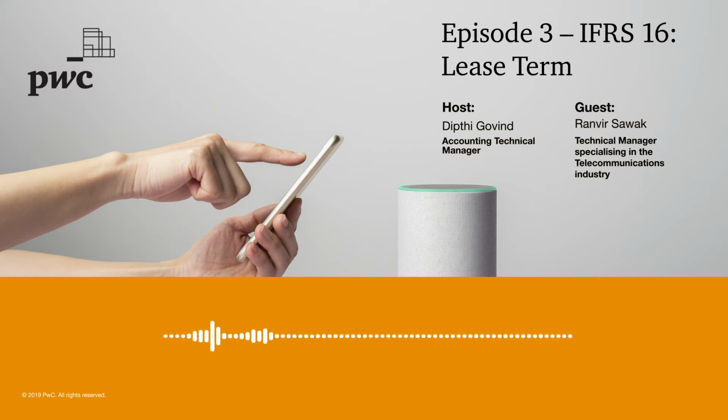The lease term would be 5 years, where the lessee is not reasonably certain to extend the lease and is not reasonably certain to exercise the termination option. In summary, the principle is that where an option exists, the lease term is the shorter period unless the lessee is reasonably certain to use the underlying asset for longer.